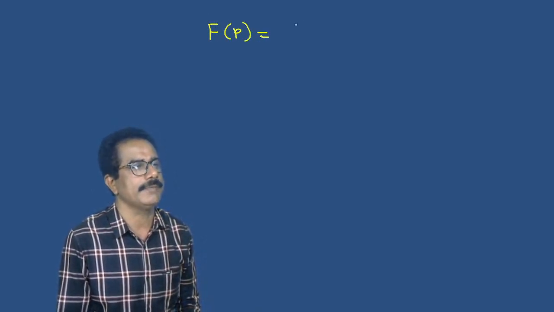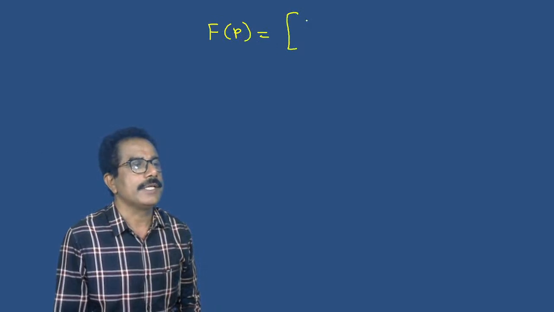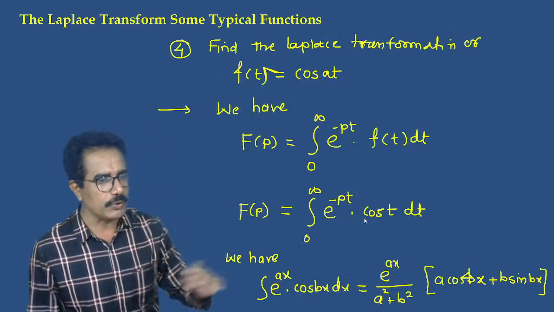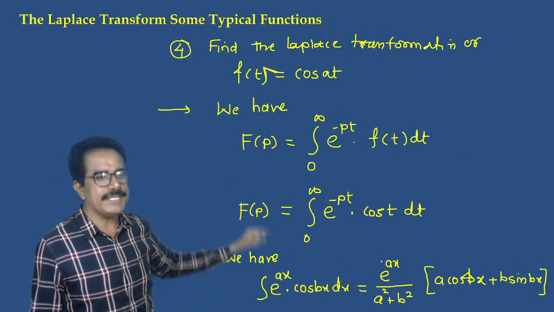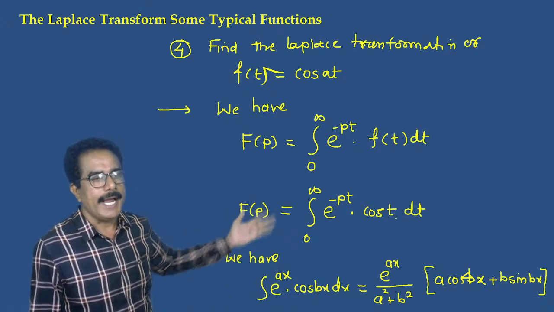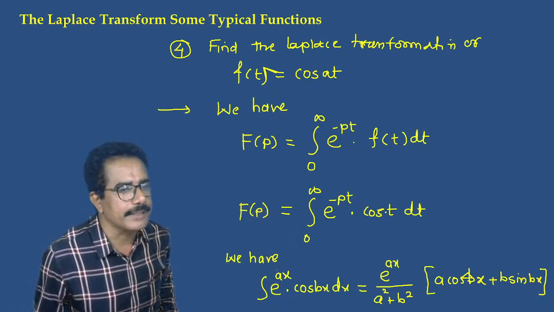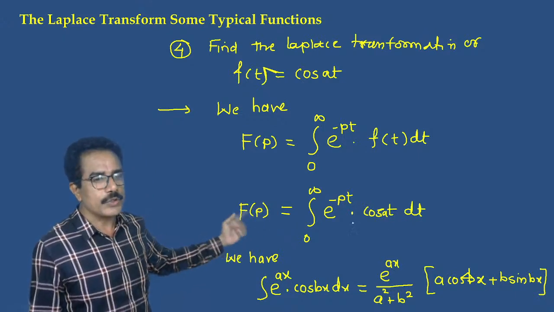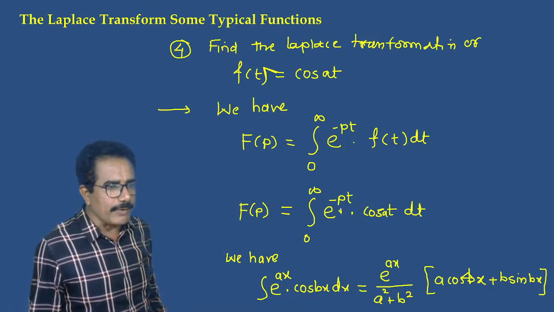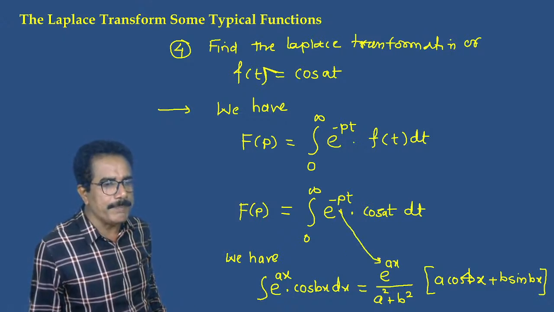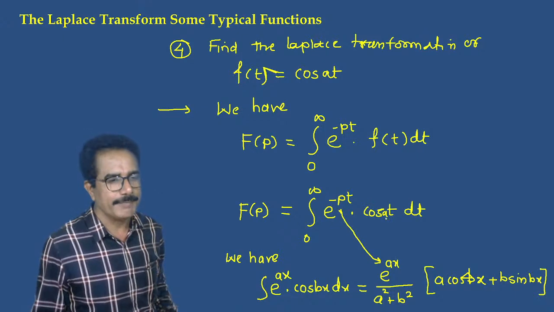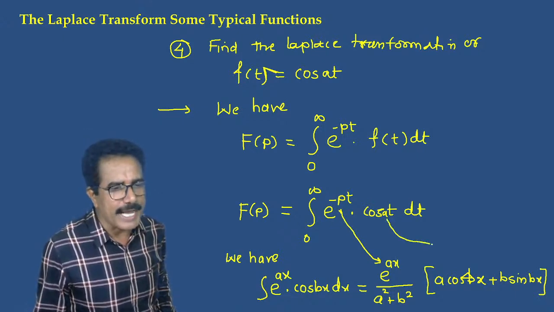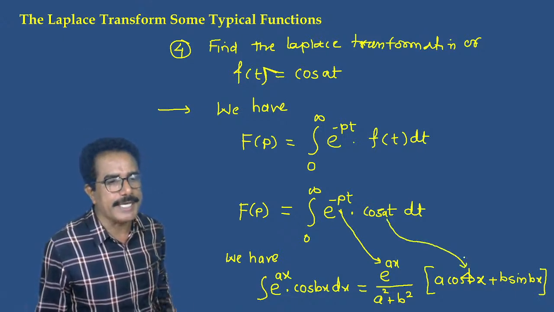So F of p, capital F of p means Laplace transformation. Now we have to use the formula here, where p means minus p, and a, and cos at. To write this formula, we have to replace a with minus p and b with a.